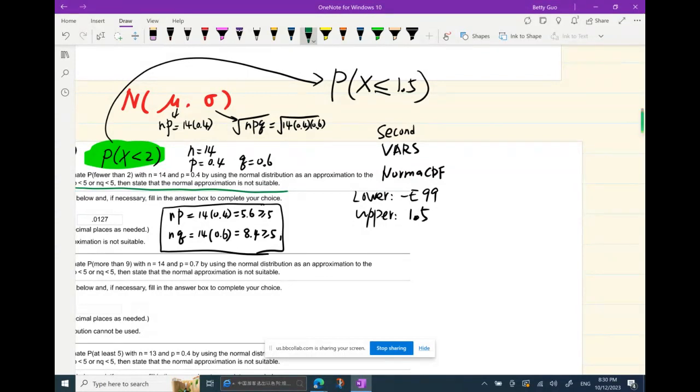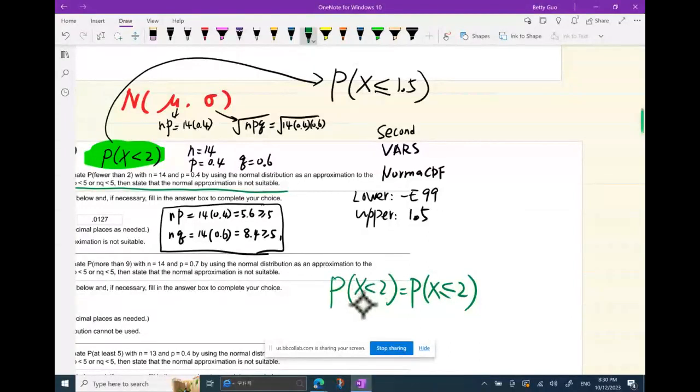Let me explain why it's incorrect. Because if x is normal, it is continuous. If x is continuous, then for a continuous random variable, the probability x is less than 2, and the probability x less than or equal to 2 is the same thing. It doesn't matter. However, for a discrete random variable, those two things definitely are different.